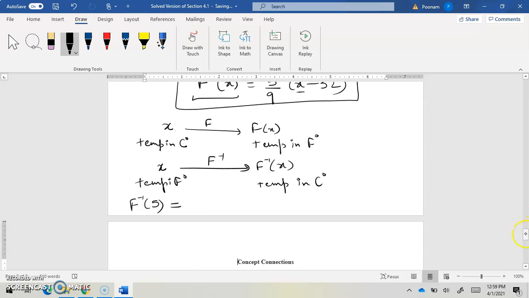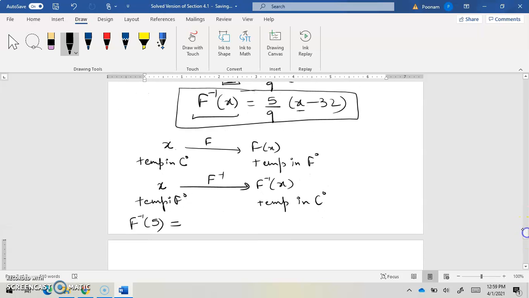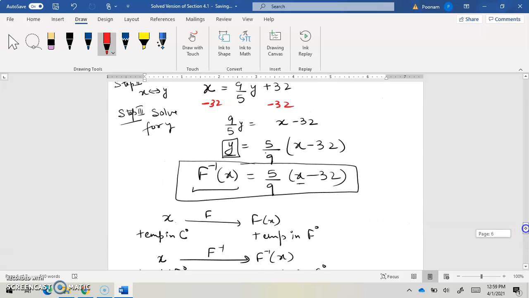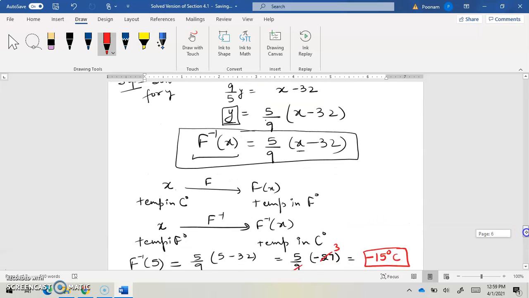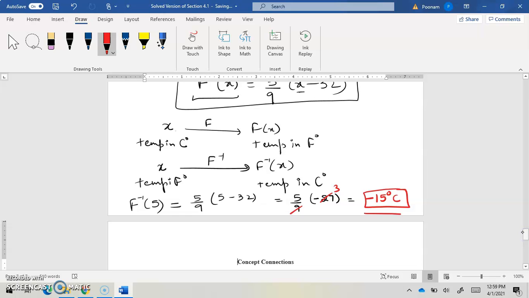So what is the function? 5 by 9 times 5 minus 32. So 5 by 9, this is negative 27. This can cancel at 3. That means negative 15 degrees Celsius is the answer. When it is 5 degrees Fahrenheit, in Celsius it is negative 15 degrees. Okay.